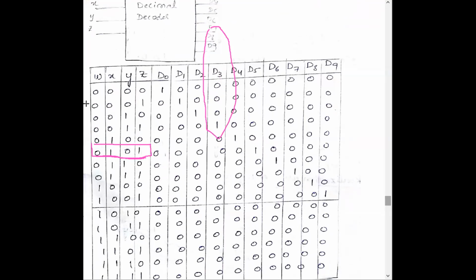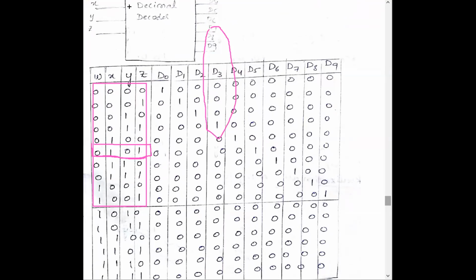Now we have drawn the functional table. If you observe the functional table, for the input BCD combinations 0000 to 1001, that is, decimal numbers 0 to 9, we have the output lines D0 to D9.